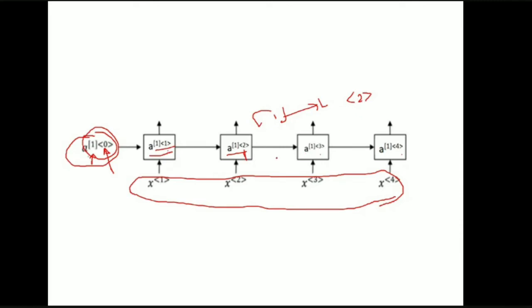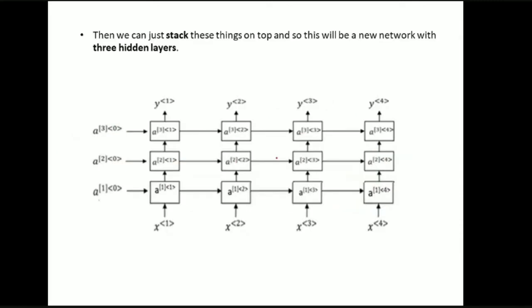Now, as I already told, in deep RNNs we are going to stack these layers on top of the other. So here we have formed a new network with 3 hidden layers. This is the first hidden layer, this is the second layer, and this is the third layer.